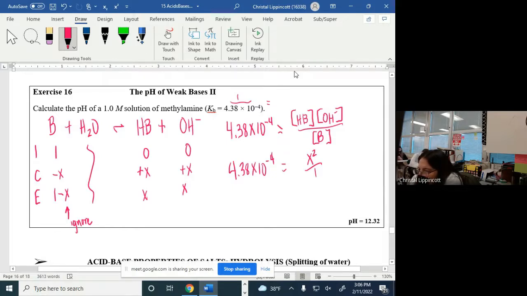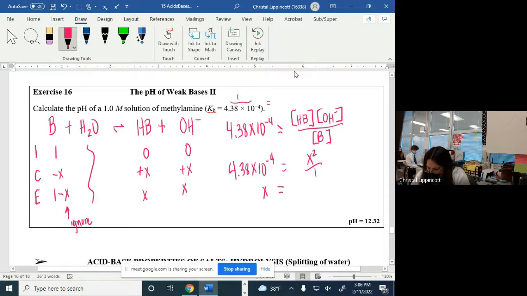All right. So this then, when we solve for X, what do we get? 4.38 to the minus 4.